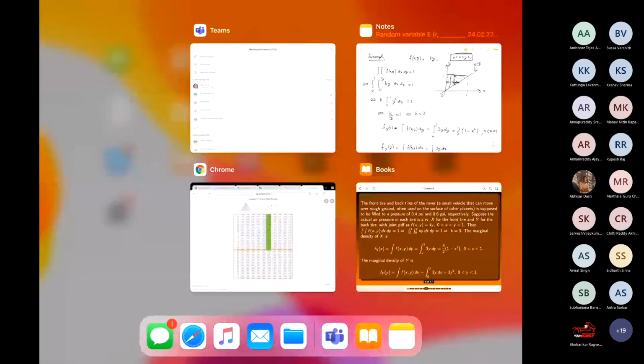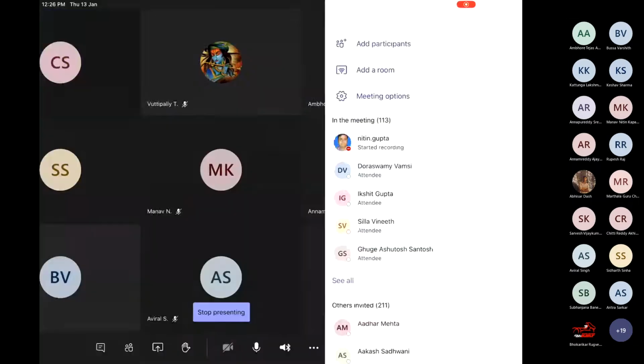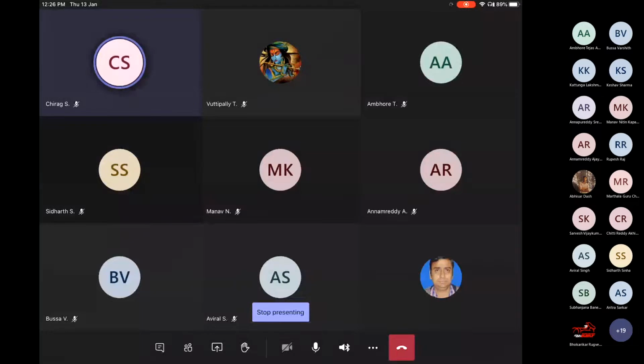Kindly mute yourself. I think Chirag previously was. Yes, Chirag, why are you unmuting yourself again and again? Yes, sir. You were previously also unmuted. So kindly mute yourself. When some question is there, then unmute. Okay. Kindly mute now. Do you have some question?